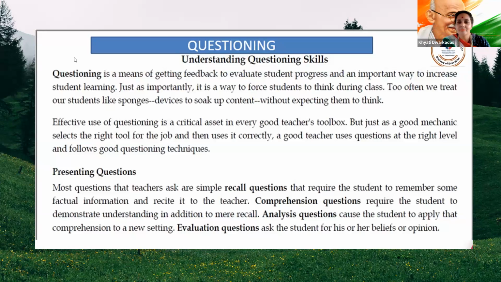Any answer? Somebody who wishes to give me an answer, I'll keep the chat box open on the side so we can see it. In which of the following years was the Constitution adopted? So I can see people answering across a number of options. And the correct answer is 1950, which very few people have answered.